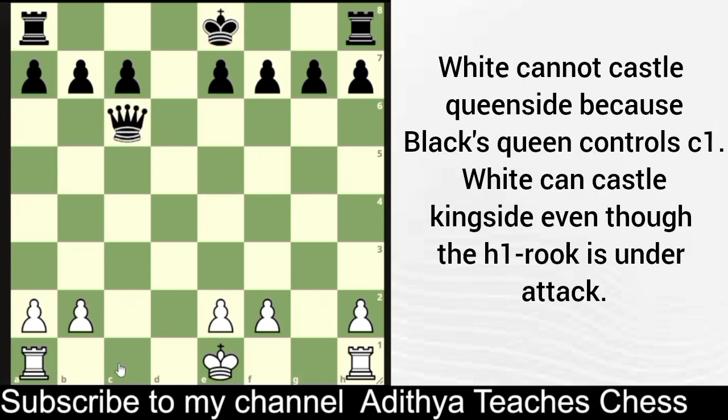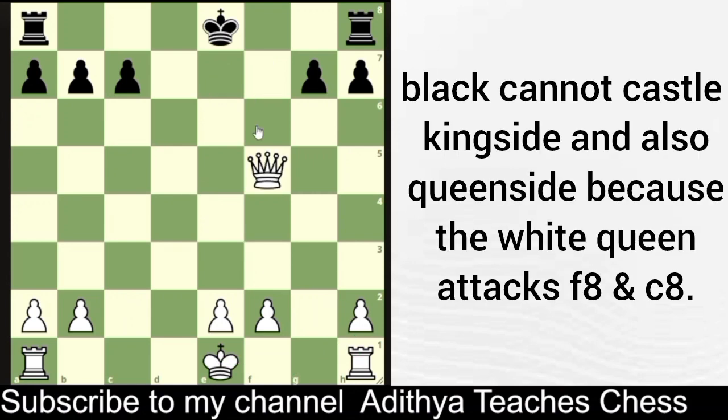Here in this position, white king cannot castle queen side because he will get check on the c1 square. But the white king can castle on king side even though his h1 rook is under attack. Here in this position, black cannot castle king side and also queen side because the white queen controls the f8 and c8 squares.